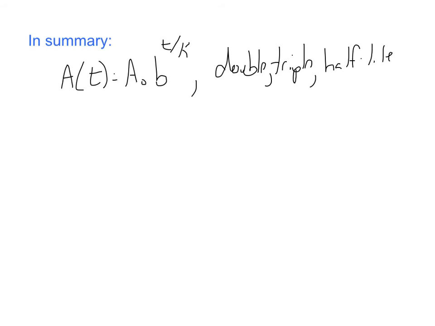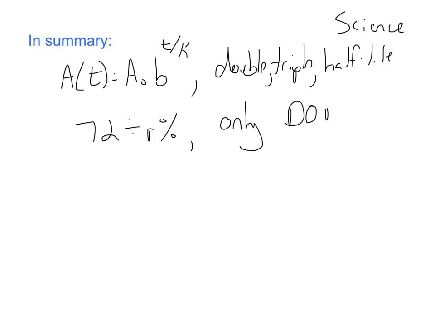You'll usually use this formula when you're working with something that's kind of sciencey, half-lives, things of this sort. Another formula, a cute little one, 72 divided by R percent. This gives you doubling time, not R squared. Silly Mr. Williams. R percent. This only works for doubling time. So write that down.